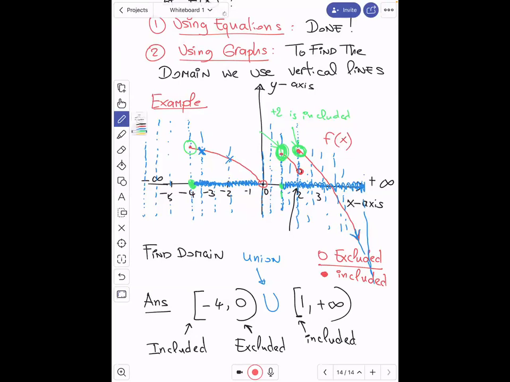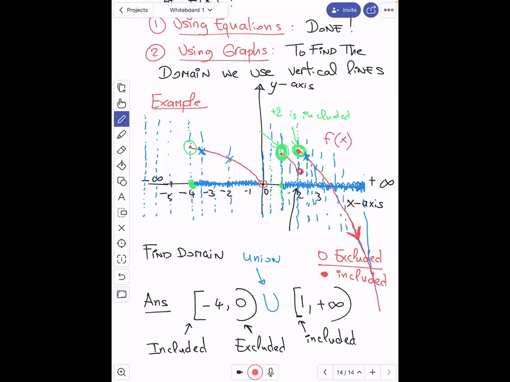You can continue with your domain, and you're again still going to have intersection all the way to positive infinity. As you can see here, we have an arrow in the bottom right, and the arrow means that the graph is going to go all the way down. It doesn't stop there. So that's why the second interval in my domain would be +1 all the way to positive infinity.